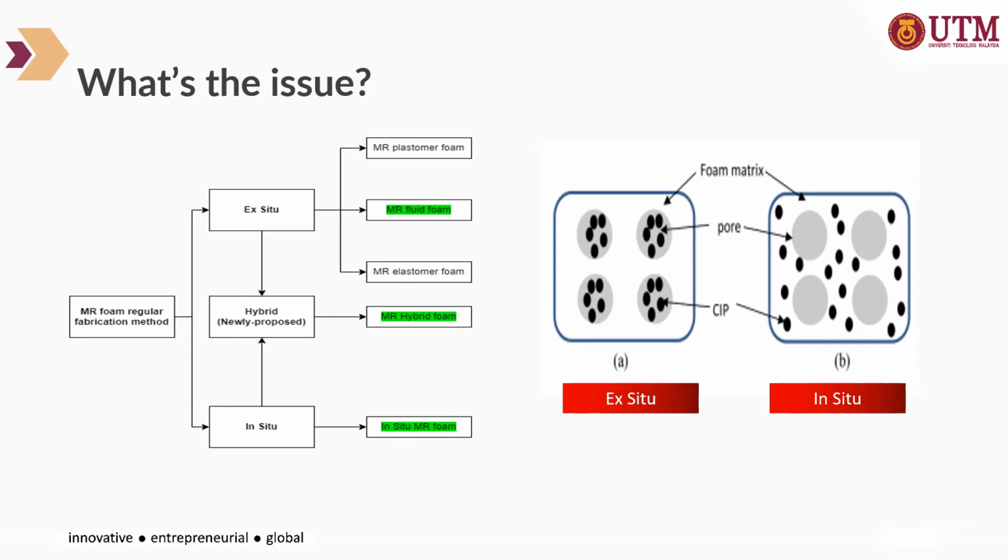This combination route is known as the hybrid method, which will drive two different magnetostrictive effects as compared to in situ or ex situ methods. Nevertheless, the exact findings are still unknown and need to be investigated in order to validate the hypothesis.